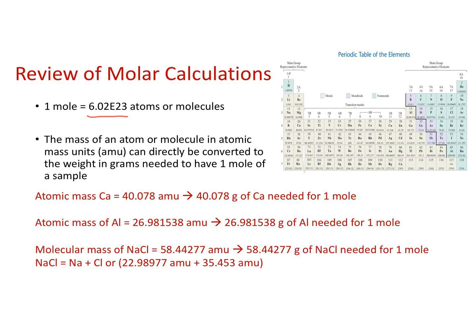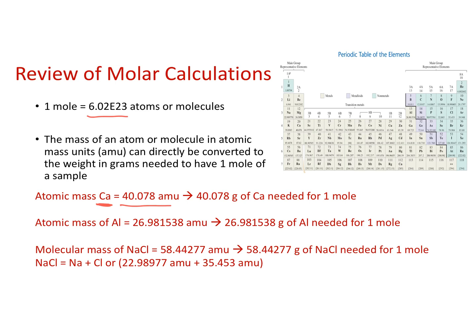For example, if we looked up calcium on the periodic table, calcium is approximately 40.078 atomic mass units. That means I would need approximately 40.078 grams of calcium to have 1 mole of elemental calcium.